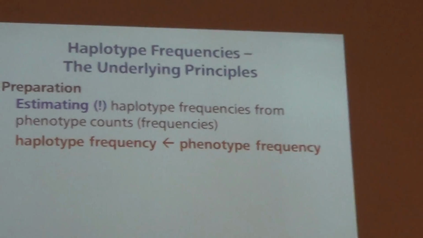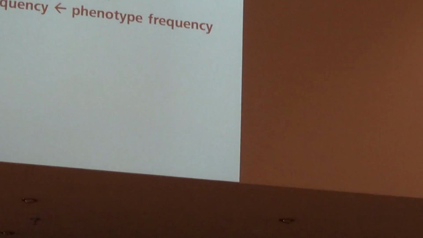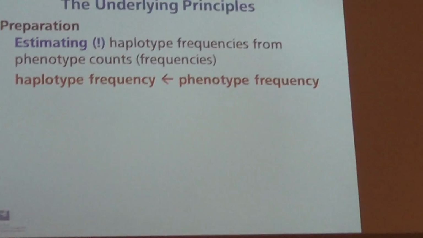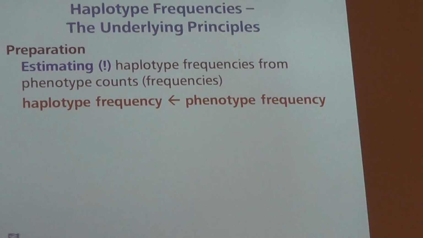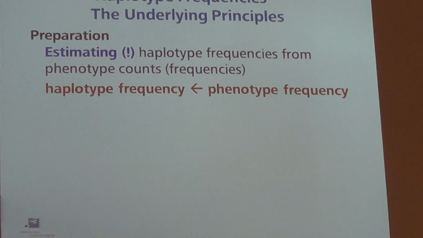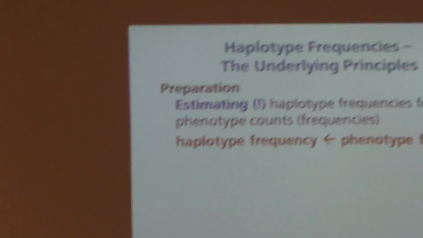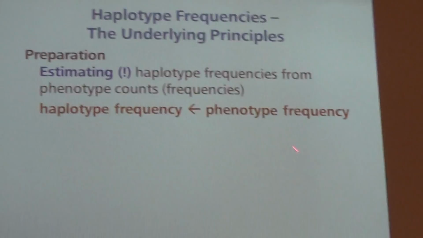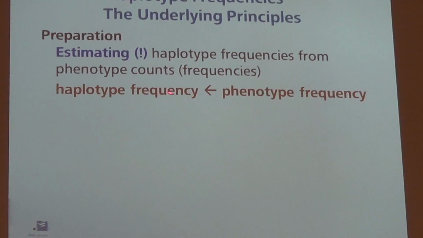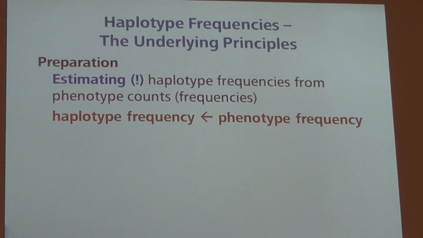But if you have several of those and apply certain principles, you can infer a three-dimensional structure from planar pictures. This is exactly, or very similar to, the complex mathematical EM process, this maximum likelihood process, which brings you back from the phenotype frequencies to the unobservable haplotypes.